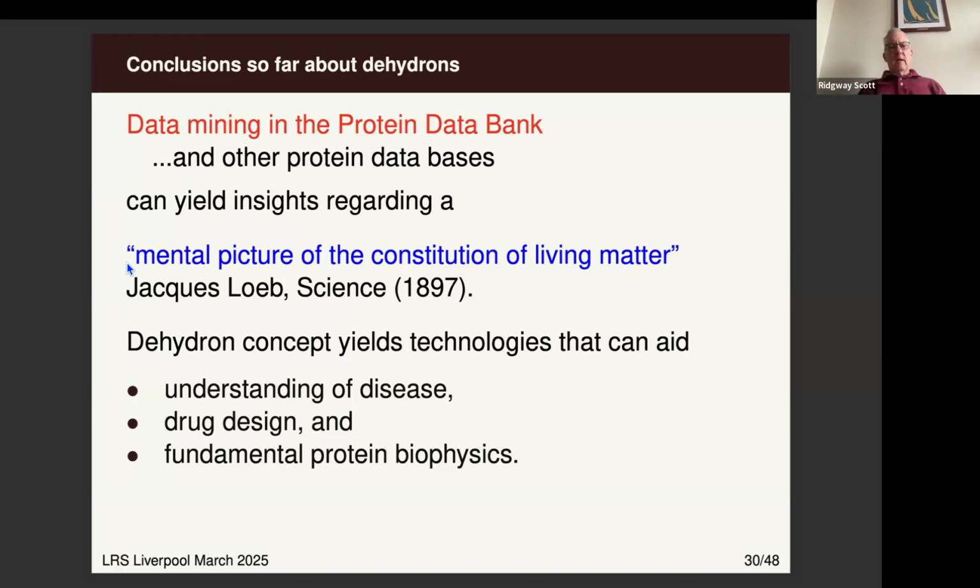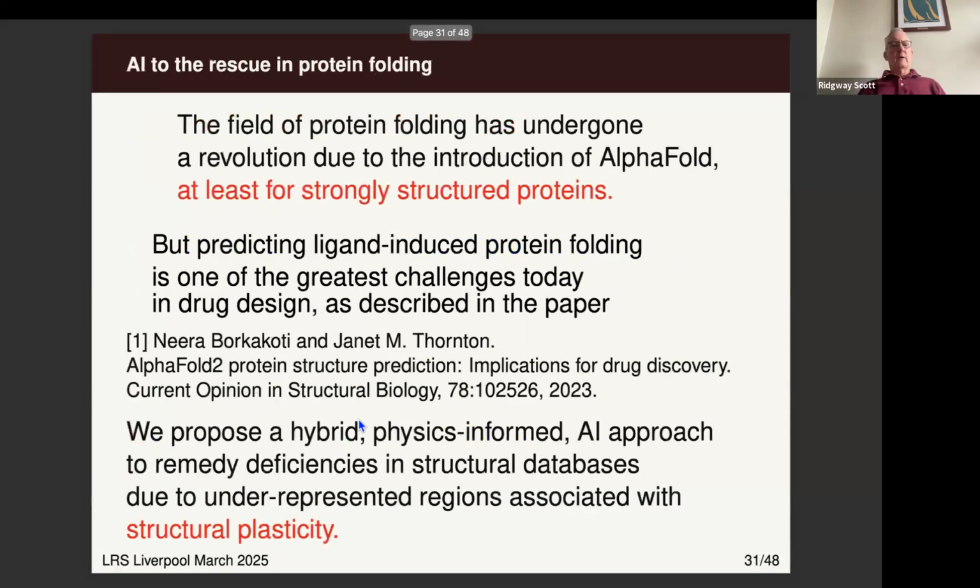And so that's the idea of using physical chemistry as a tool, a lens to look at proteins. So now the dehydron concept has been used to understand disease, to do drug design, and to understand fundamental protein biophysics.